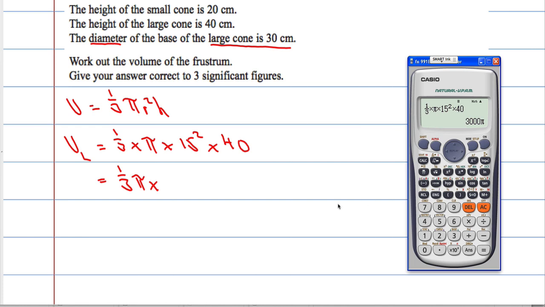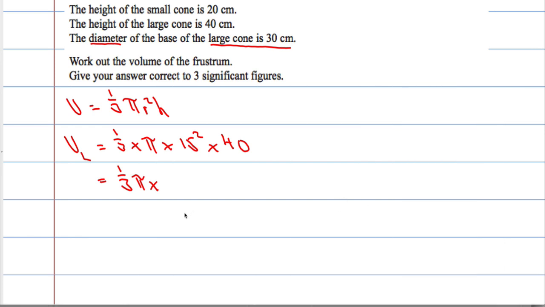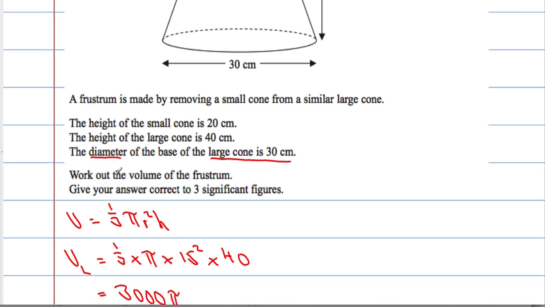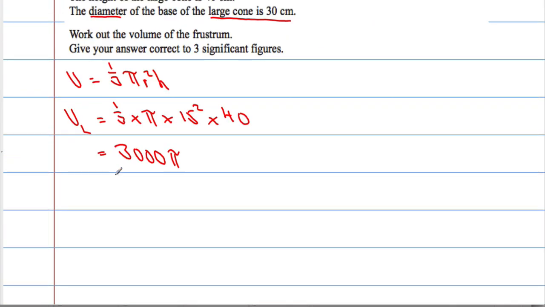That's 3000 pi. Let's leave it in terms of pi for now. 3000 pi. And that's going to be centimeters cubed.